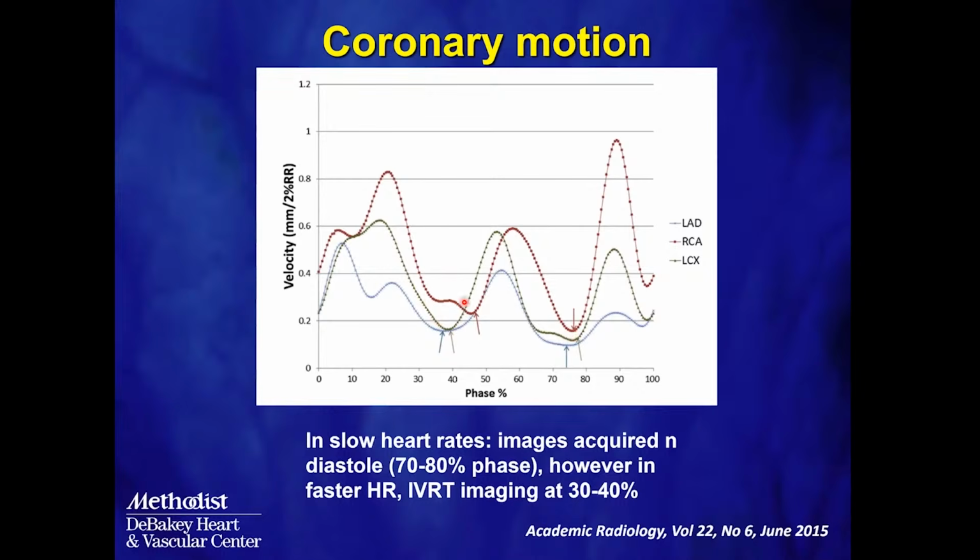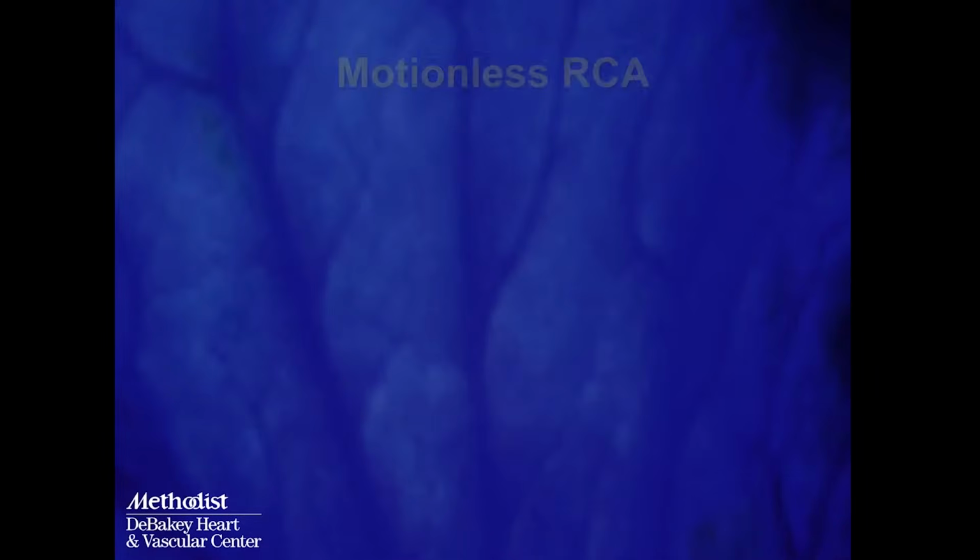But in people who have faster heart rates, we have noticed that there is also a period during the isovolumic relaxation time, typically between the 30 to 40% phase, where the coronaries are not as motion-prone in people with fast or irregular heart rates.